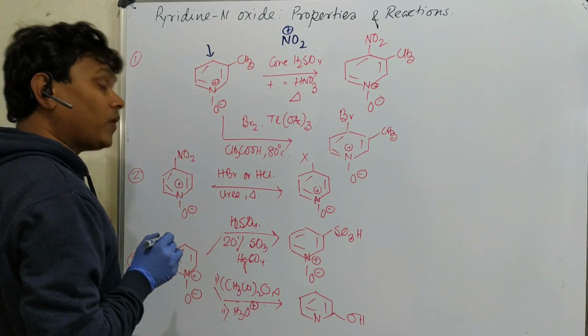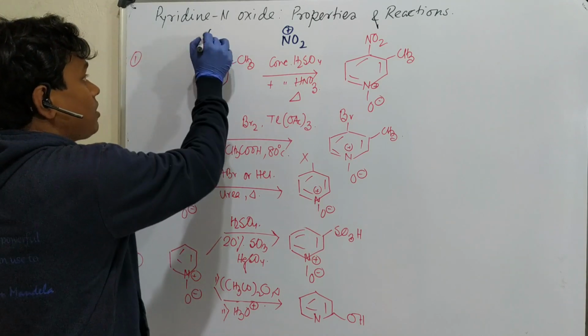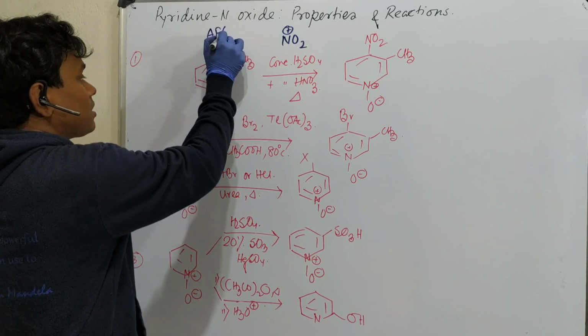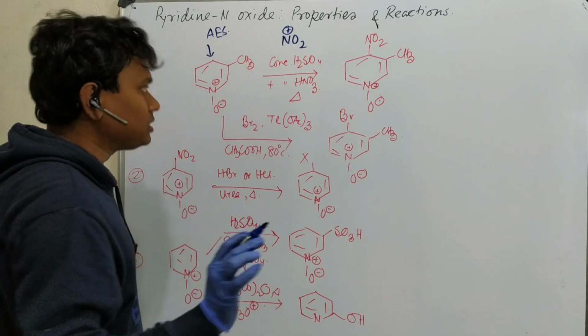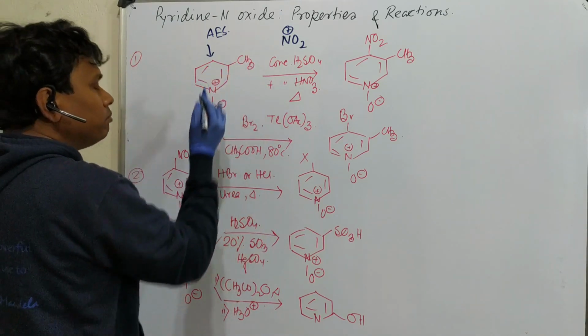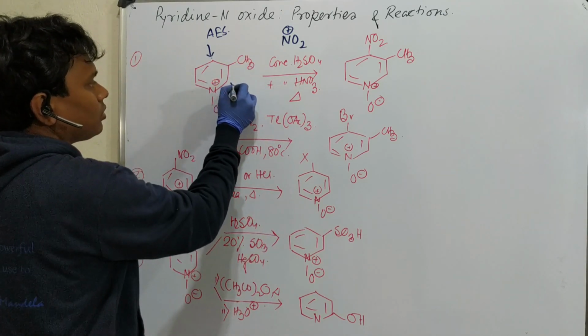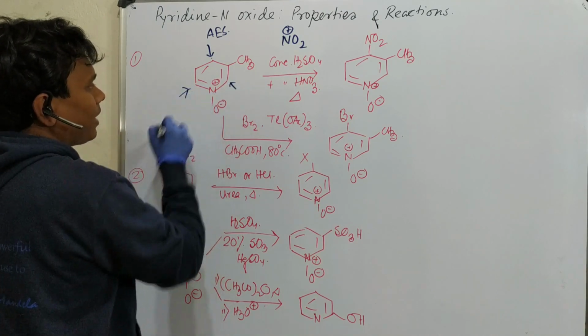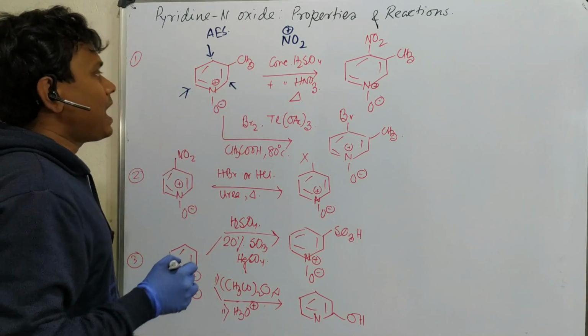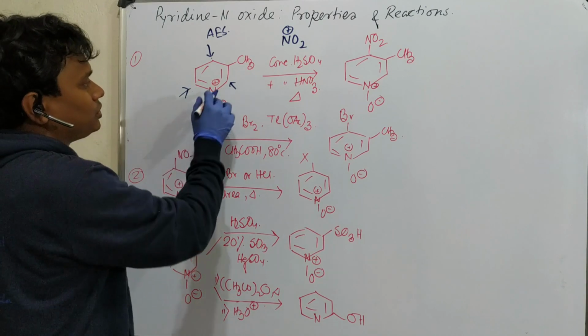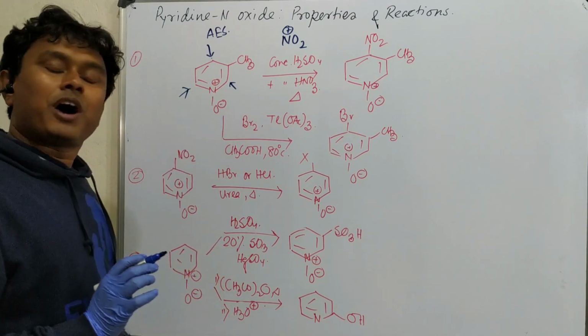But for aromatic electrophilic substitution, mainly the methyl group is ortho and para directing, and the other is meta with respect to this. So what is the purpose of this problem?